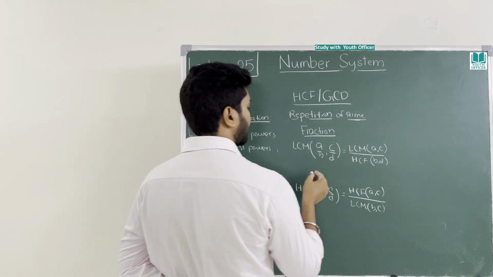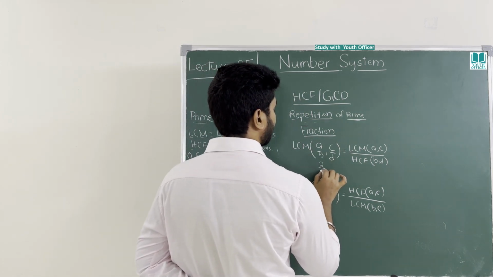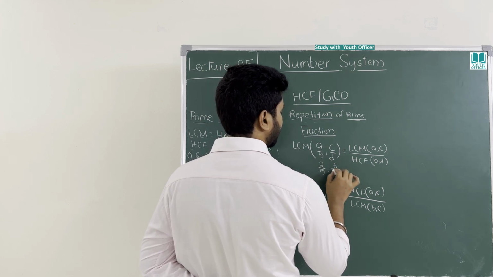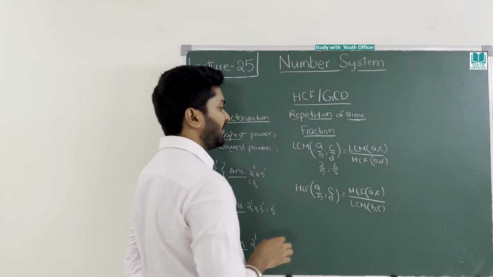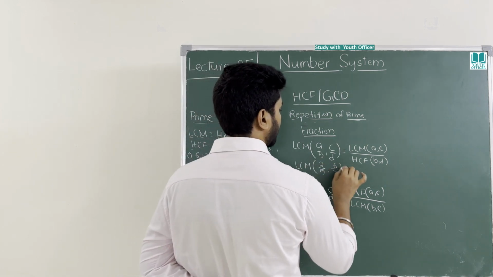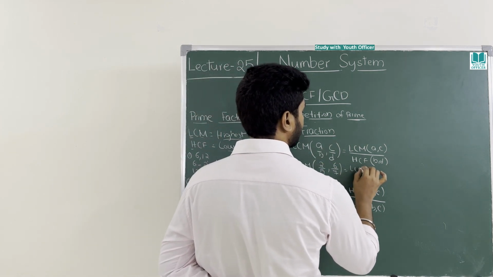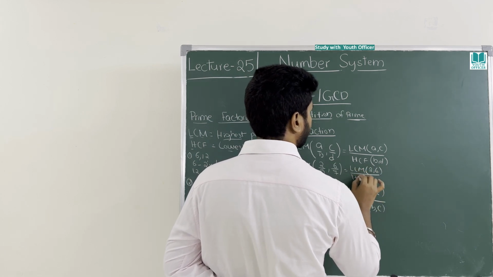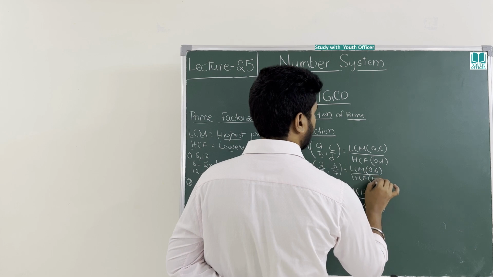I will take 2 by 5 comma 6 by 7. If you have to find LCM for these fractions, what are we supposed to do? You have to find LCM for the numerators and HCF for the denominators.